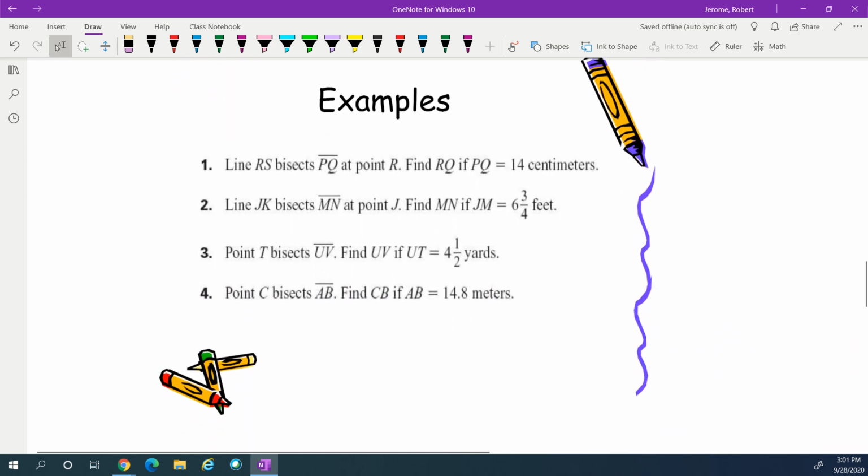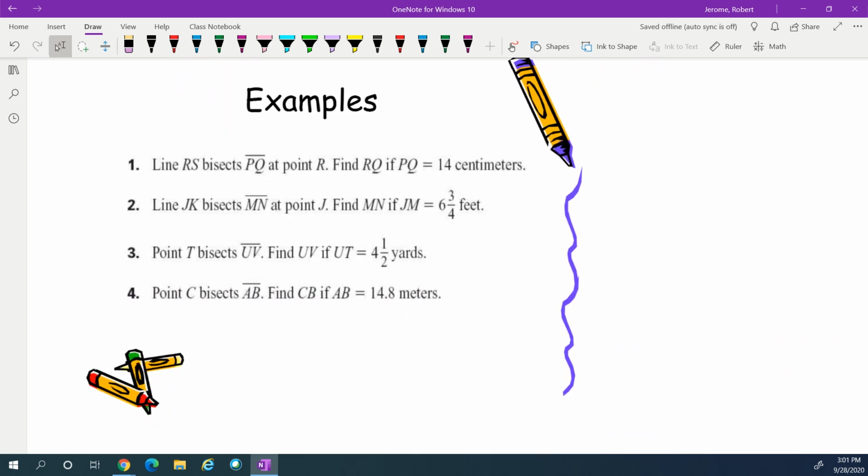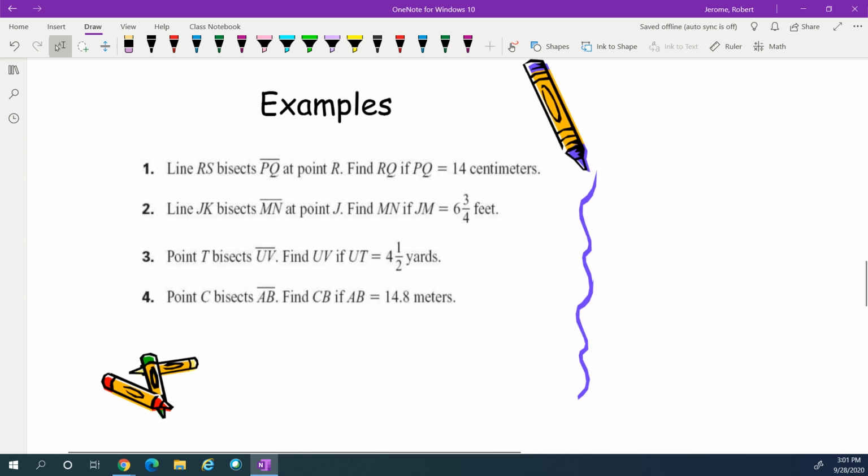Let's look at a few things, and we'll draw a picture. We're not going to do them all, but we'll draw a picture. So let's look at number one. Line RS bisects segment PQ. I need PQ first. I can't cut the sandwich unless I make the sandwich first.